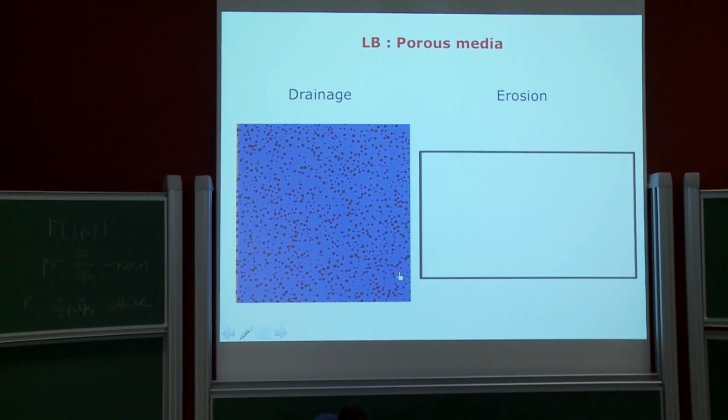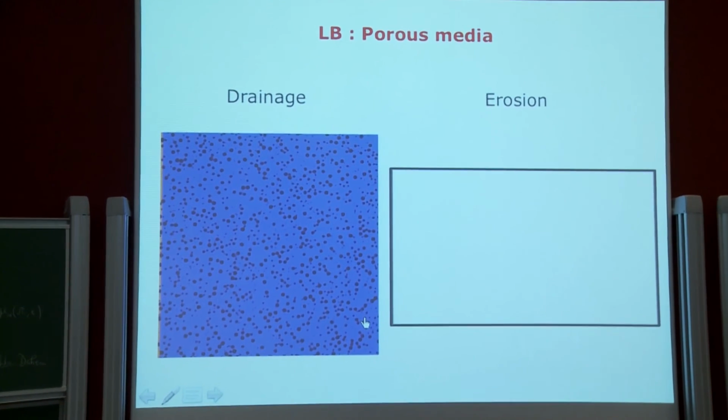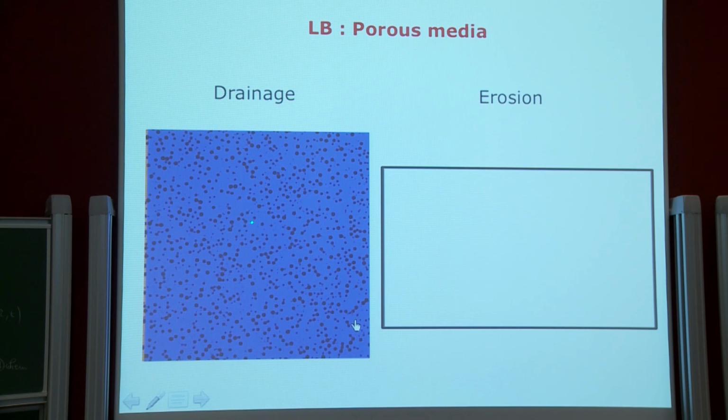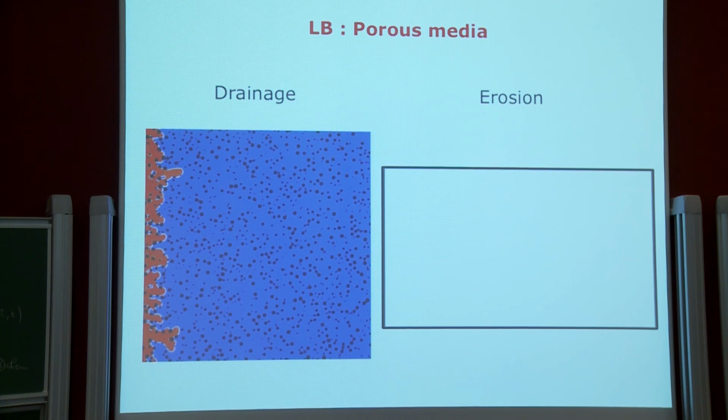One corresponds to a situation called drainage. So initially, you have a porous material with solid objects that are the black dots everywhere, that is filled with fluid which is colored in blue. And then what we're going to do is to push another fluid from the side, and it has a different color, and you will see how the second fluid progresses through the material.